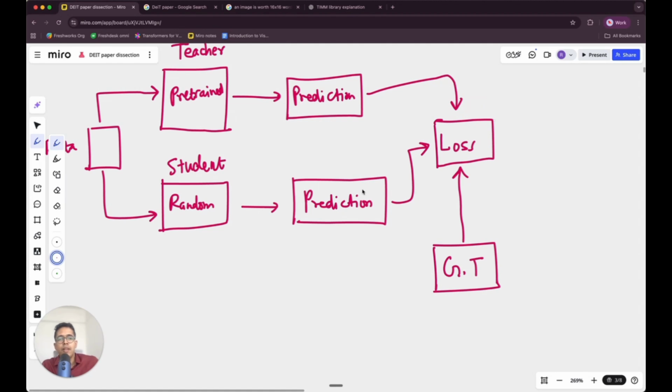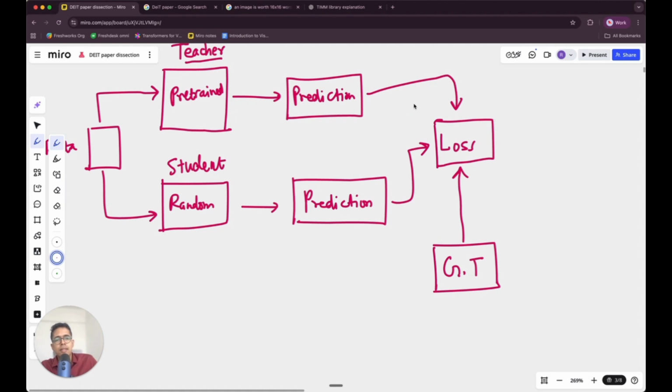So you will see how your student's prediction compares with the teacher's prediction. You can also have one more loss component, which is a KL divergence score that takes into consideration the teacher's softmax labels, or the teacher's soft predictions. We'll come to that and see exactly how the loss function looks in this context.